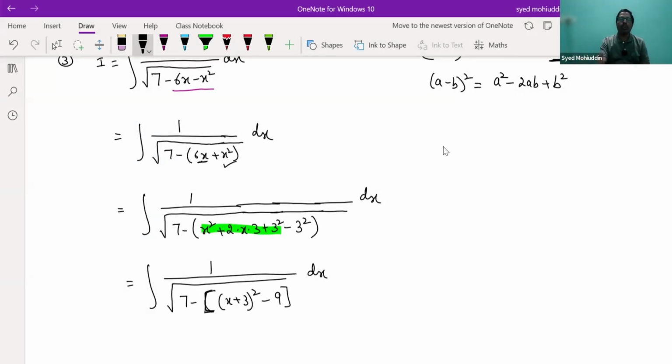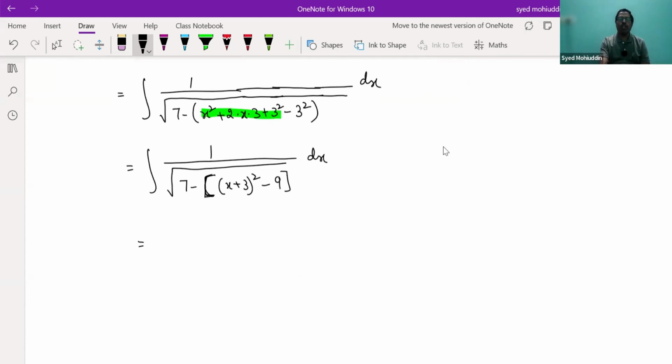Further, let us remove the bracket and simplify. It is integral of 1 by under root 7 minus, I'll multiply inside, I'll be getting (x + 3)². Again, minus you multiply inside, minus of minus will become plus 9, times dx.